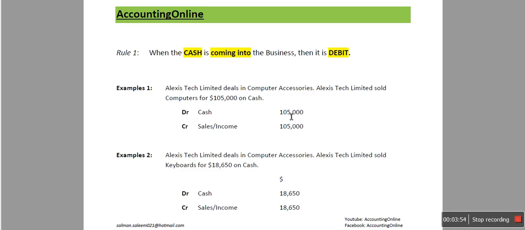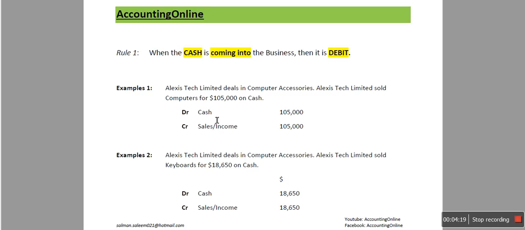The cash is coming into the business, so cash is debit. Why is the company getting the cash? From making sales. So sales is credit and cash is debit.